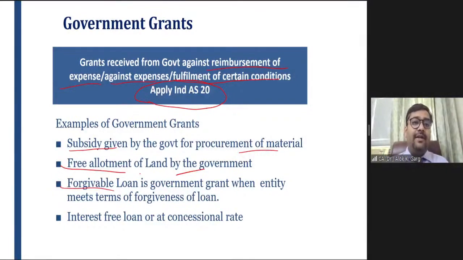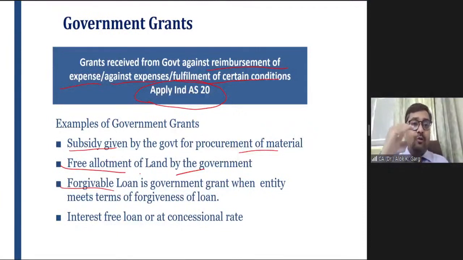The market rate of interest is 10%, and the government has given a loan at 5%. So this 5% is also considered as a government grant. So guys, for example, the government has given a loan of 10 lakh rupees, and the market rate of interest is 10%, and the government has given it at 5%. So the difference between 10% and 5% has to be treated as a government grant.